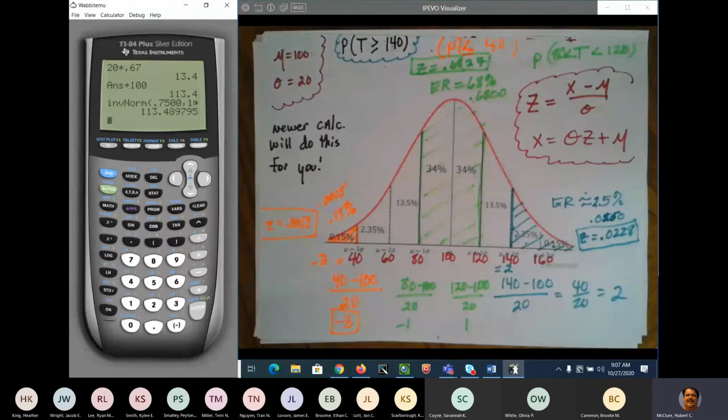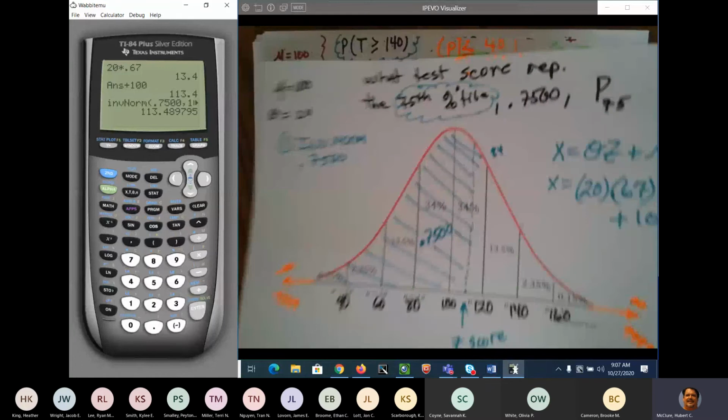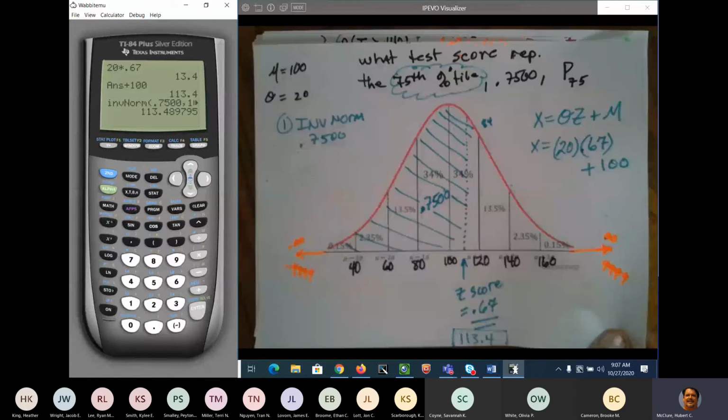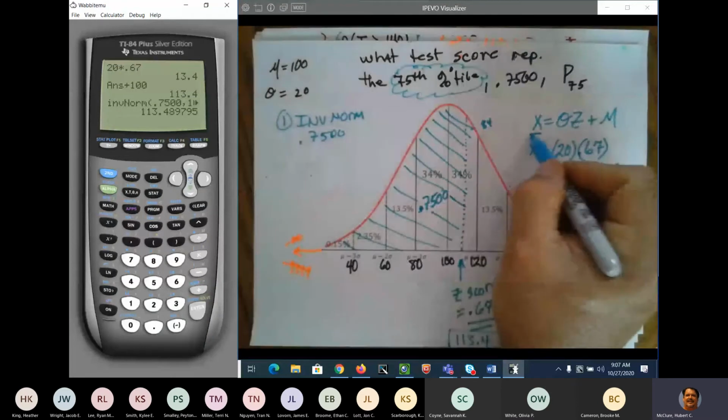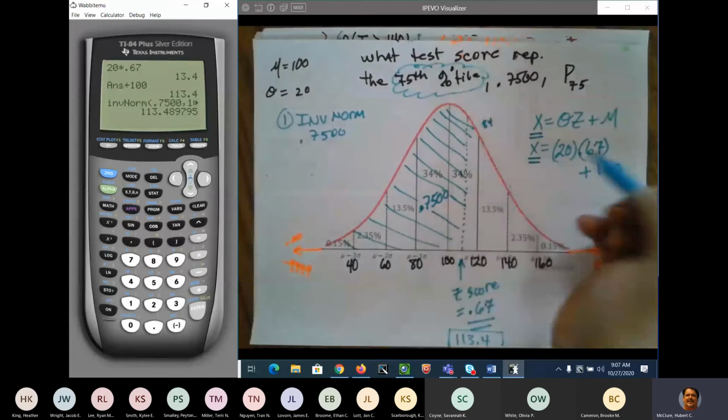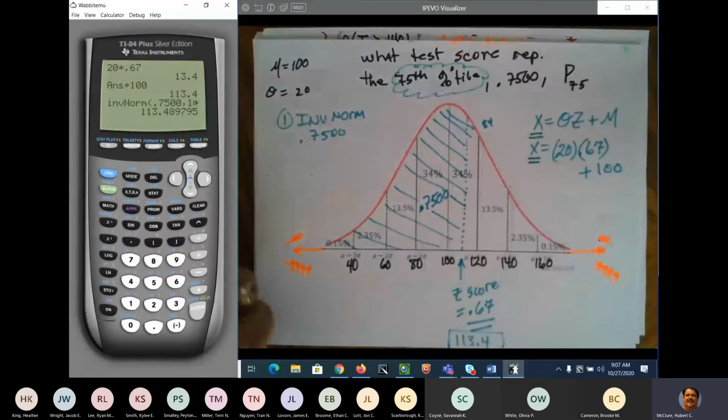And then the last is asking for the test score, which is X. When they ask for a test score, they're wanting X. Again, if you have a new calculator, then all you have to type in is the .75, and mu is 100 and standard deviation is 20, and it will spit out the 113.4.